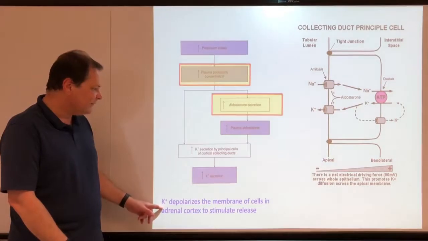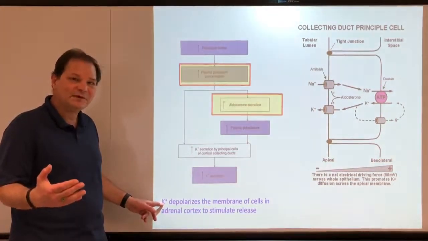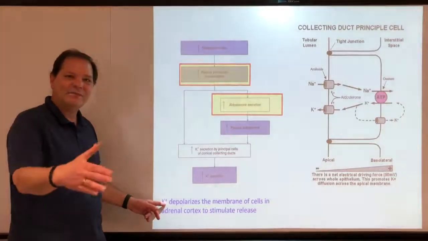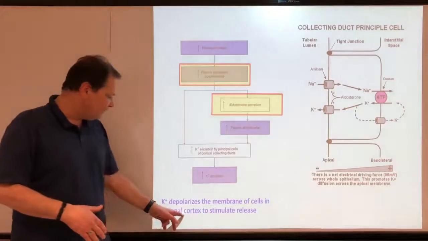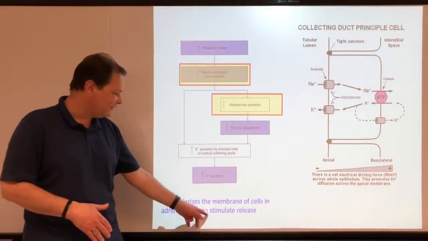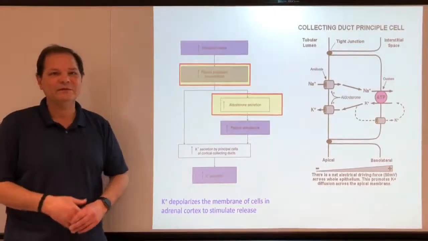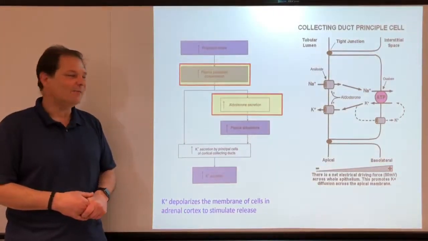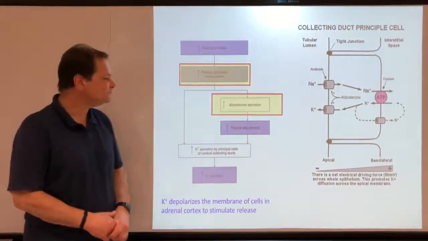And it does this because when you increase the potassium concentration in the plasma, as you know, you depolarize the membrane in the cells. When you depolarize the membrane of the cells in the adrenal cortex, it stimulates them to release aldosterone. So aldosterone can be released in response to an increase in potassium. Now bear in mind, that's not the major controller, but it is a controller, okay?